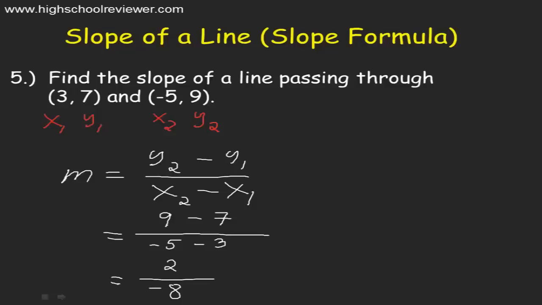So our slope here will be 2 all over 8. This can be simplified. So 2 is common between the numerator and the denominator. So 2 divided by 2 is 1, and 8 divided by 2 is 4, and the sign is negative. So our slope for problem number 5 is negative 1 all over 4.